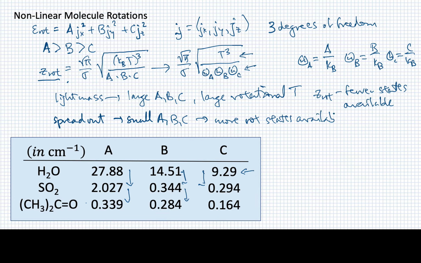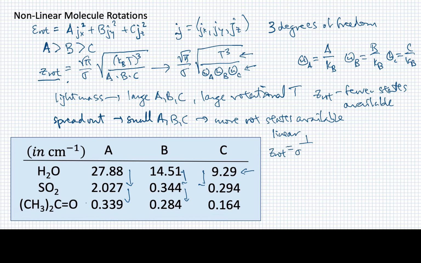So this gives you a good rule of thumb when you look at a molecule. If the molecule is heavy or if it's big, one can determine that in fact it has fairly small rotational constants. Now I want to finish by talking a little bit about the average rotational energy, and for that I'm going to have to re-quote for you the result for Z rotational for a linear molecule.